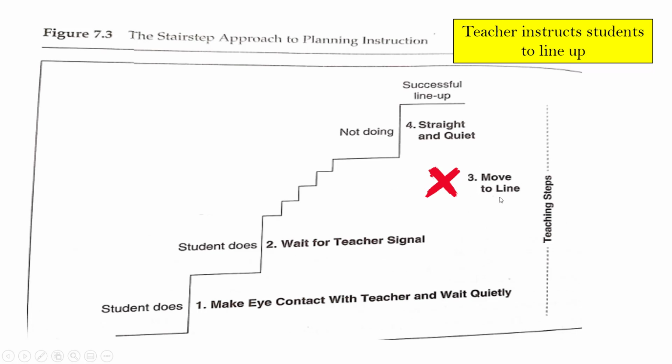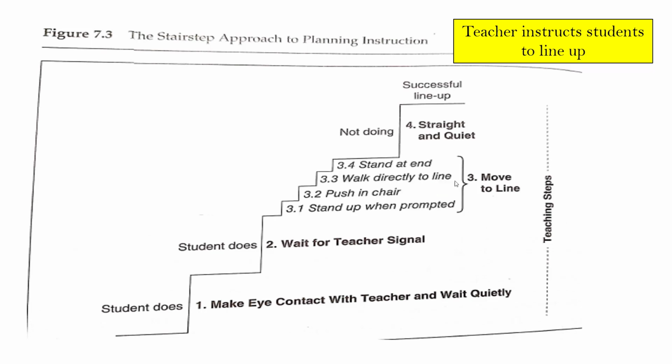So let's take moving to the line and break it down into its subcomponents, or those prerequisite skills. We can actually break this down into 4 steps. Stand up when prompted, push in your chair, walk directly to the line, and stand at the end. So within this breakdown, let's see where Johnny is.